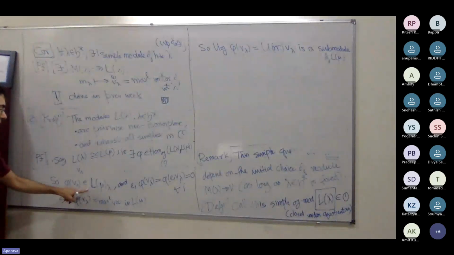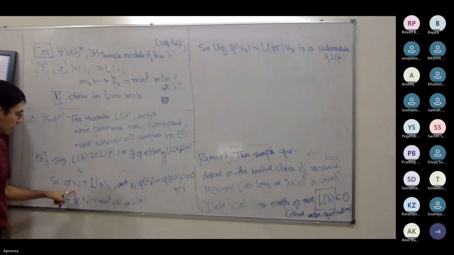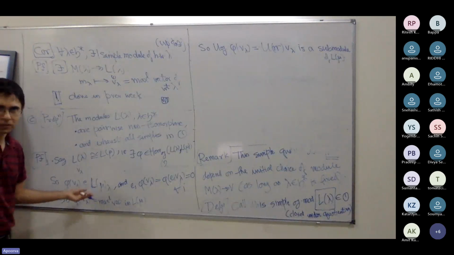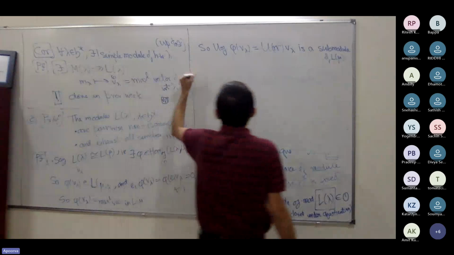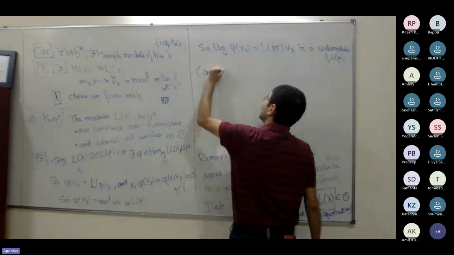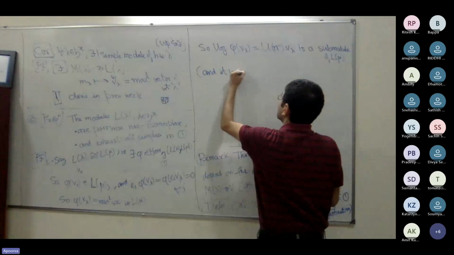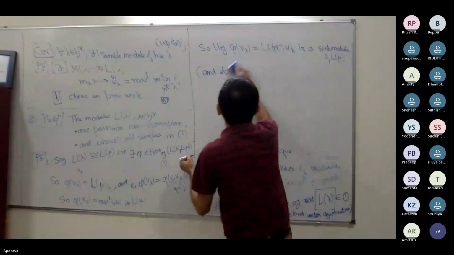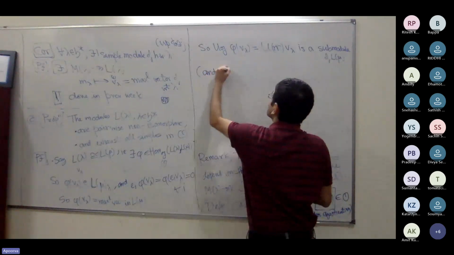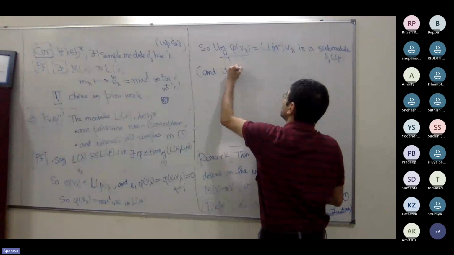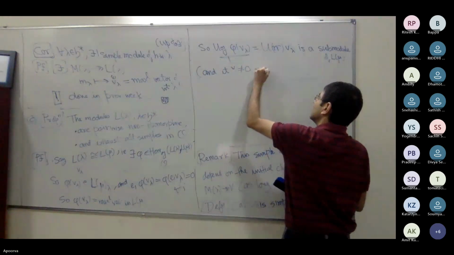What happens if phi v lambda is 0? If phi of v lambda is 0, then phi of anything times v lambda is also 0. Let me say this: this module is not equal to 0.